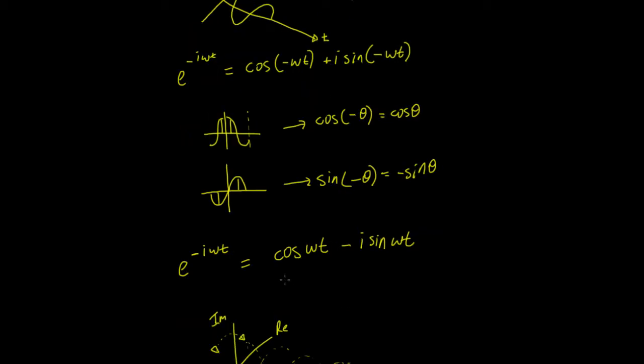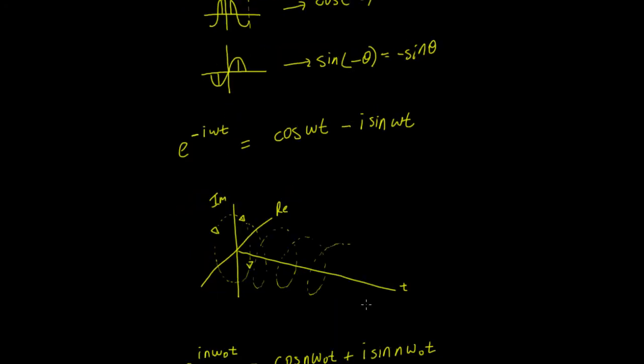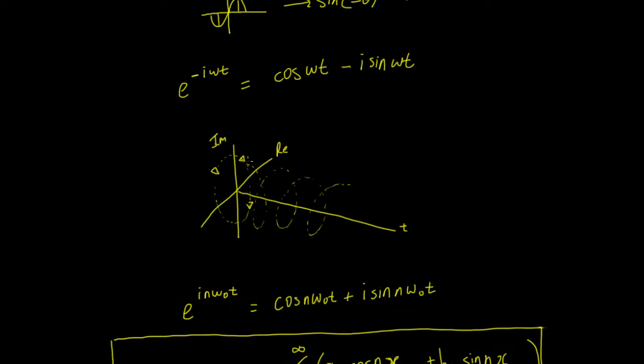Okay, so then if you put that in, you would end up with e to the minus i omega t equals cos omega t minus i sine omega t, and that would in effect produce a corkscrew which would just rotate in the opposite direction.